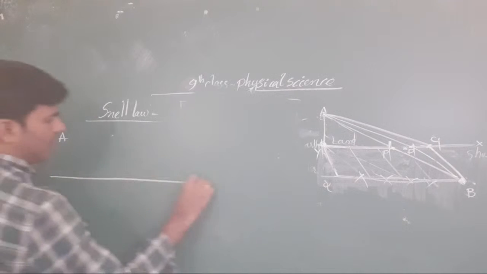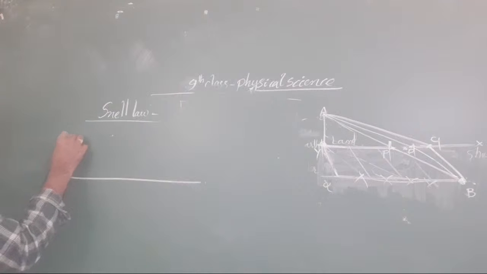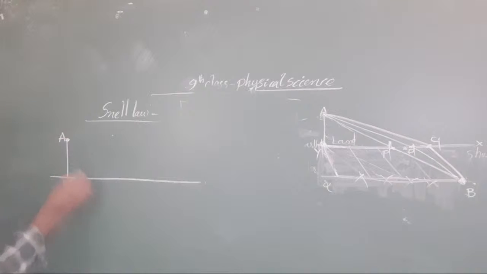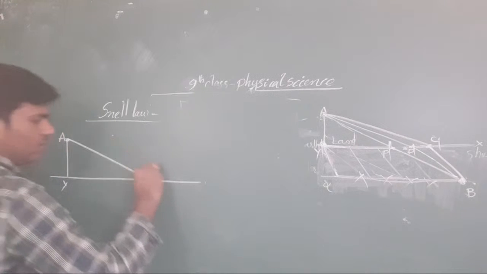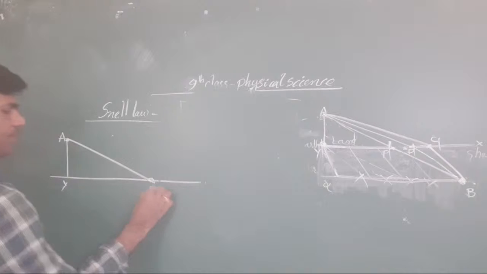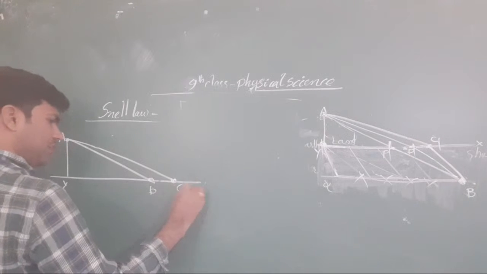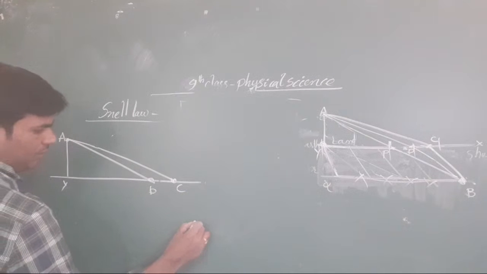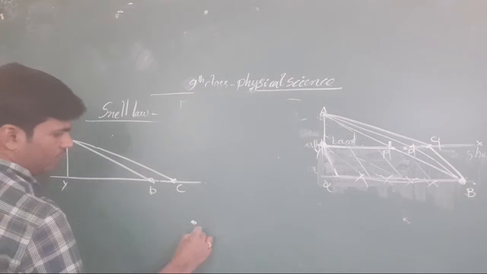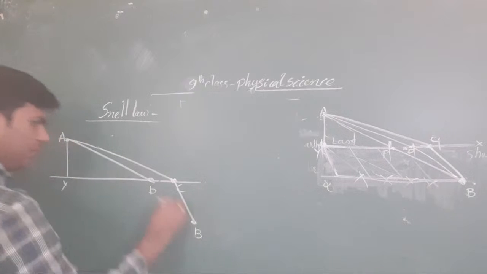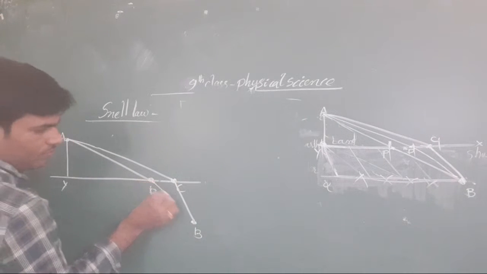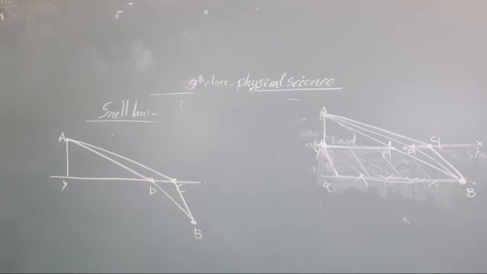This point is taken as A. Here is the point D. And one more point here we take as C, and then it will be at B. Here it is B.